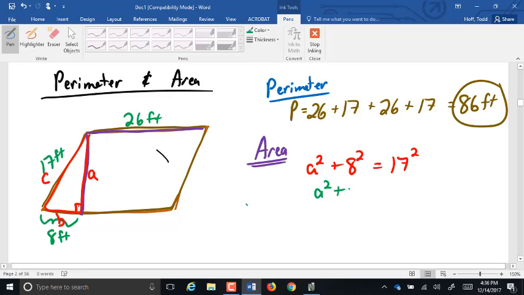A squared just stays A squared. 8 squared is 64. 17 squared is 289.